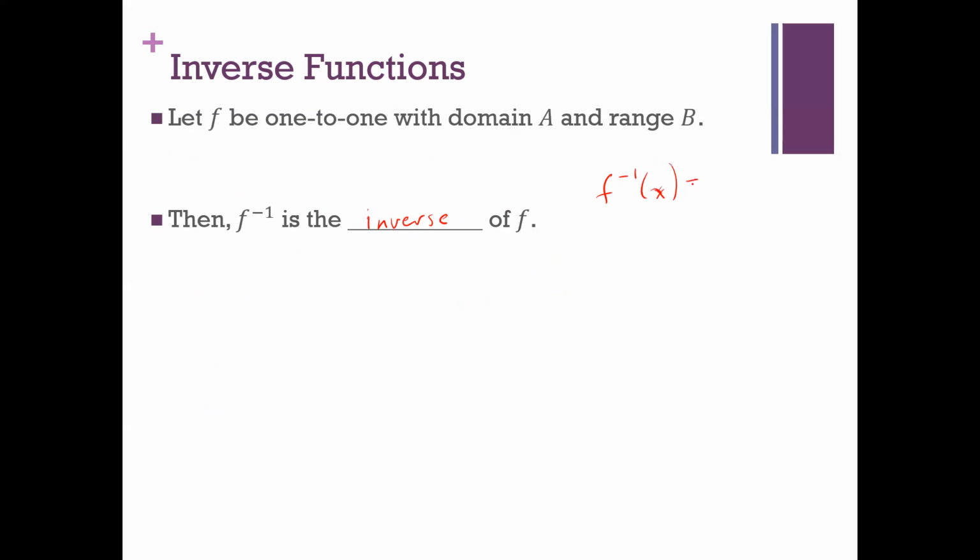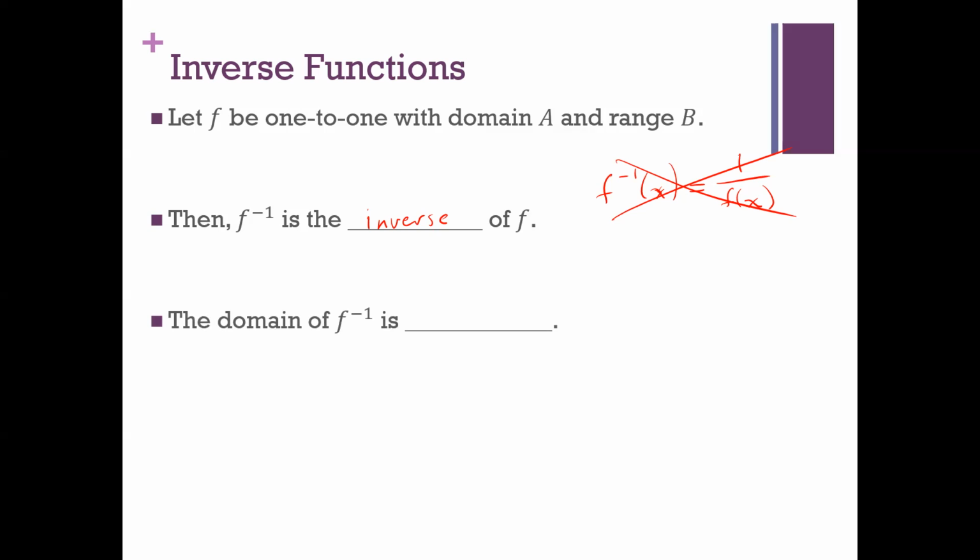I'll write it down, even though I can't remember a time I've seen someone interpret it like this. In some contexts, we're used to seeing that -1, which looks like an exponent, and we think that's reciprocal. So this is not a thing we're talking about. That is read f inverse.